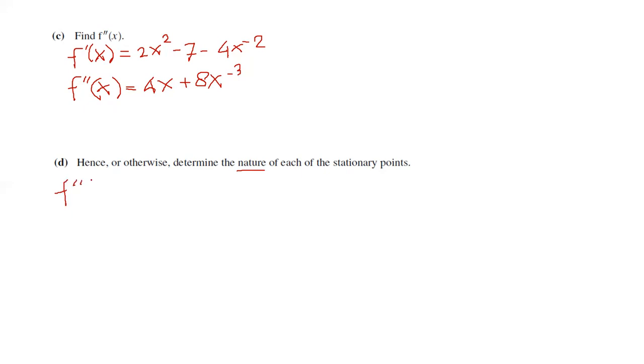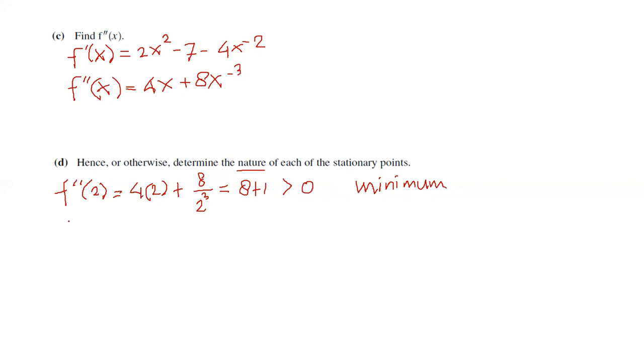Okay, if x equals 2, for the second derivative, 4 times 2 plus 8 over 2 cubed equals 8 plus 1, greater than 0. If greater than 0, it means this is a minimum, the minimum value.